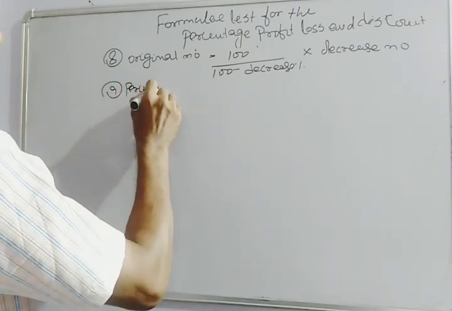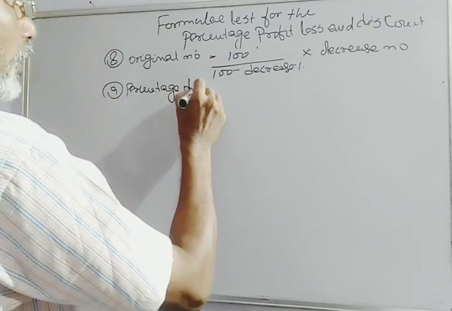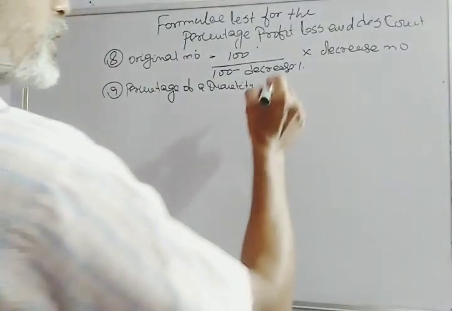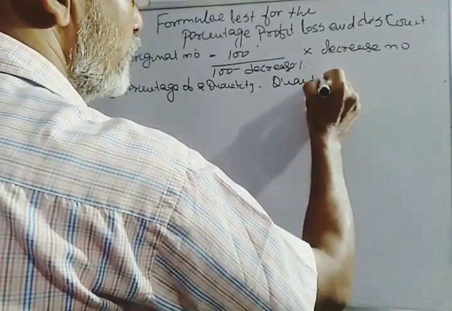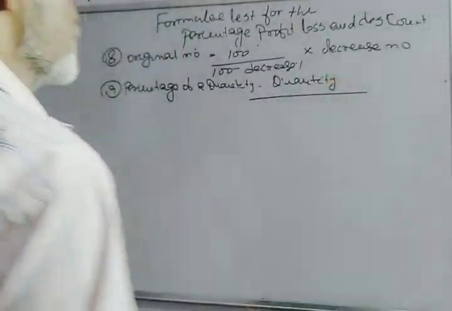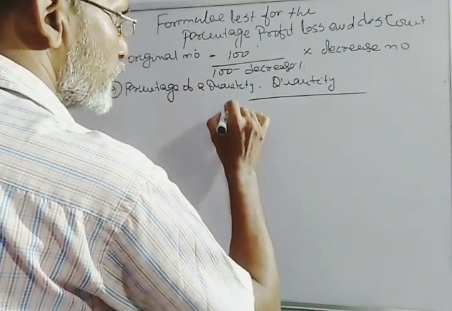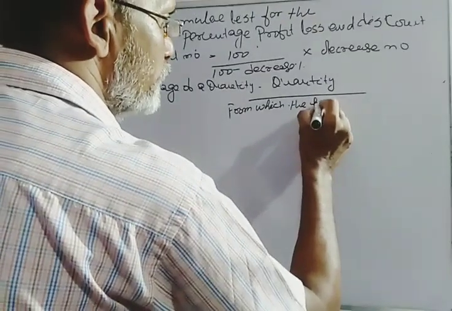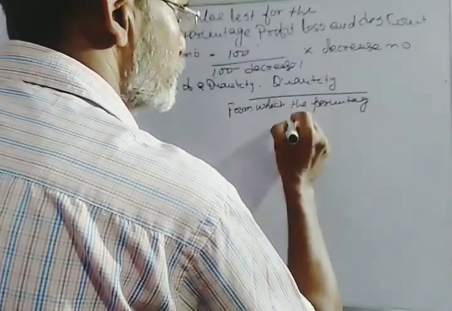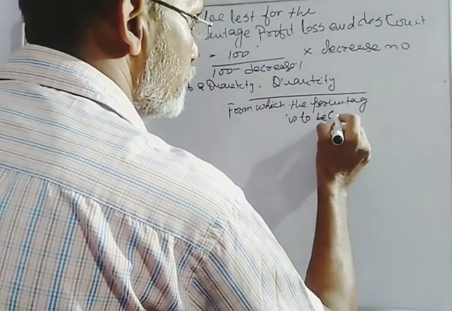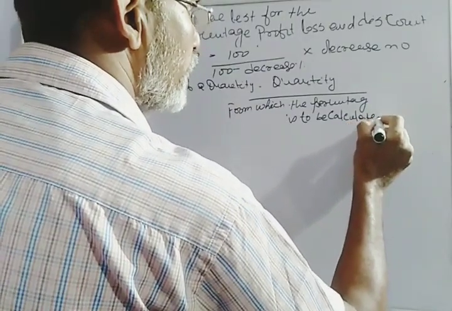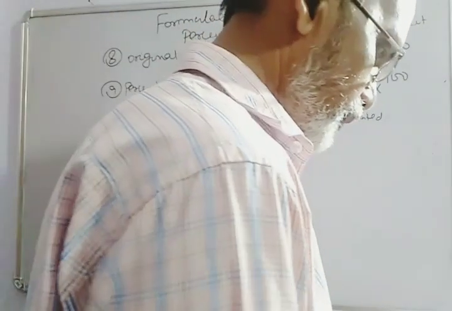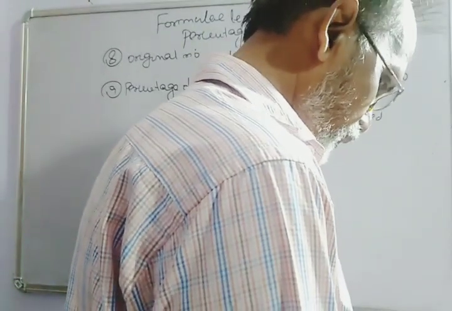Percentage of a quantity: first write the quantity in the numerator by the quantity from which the percentage is to be calculated, into 100, and that gives you the percentage of a given quantity.